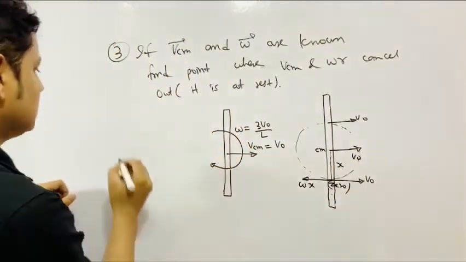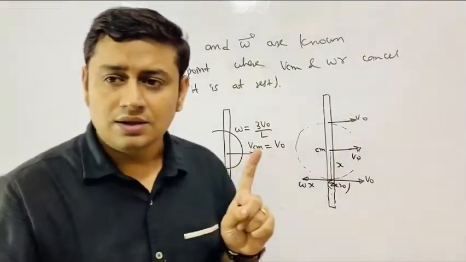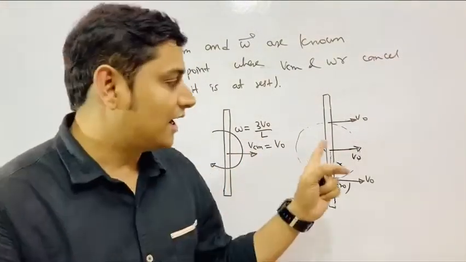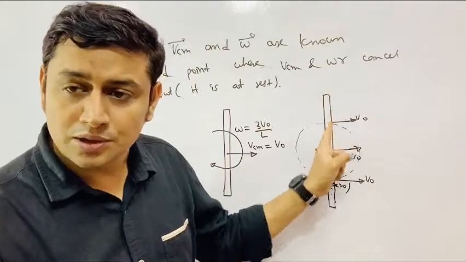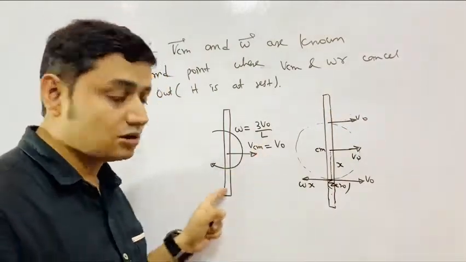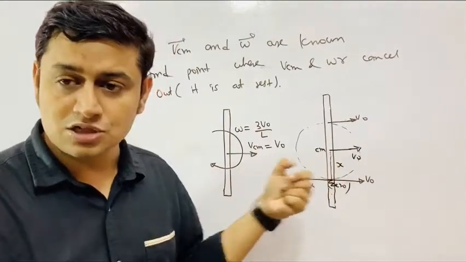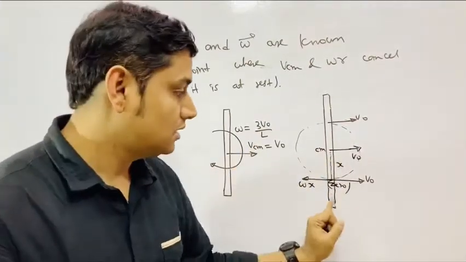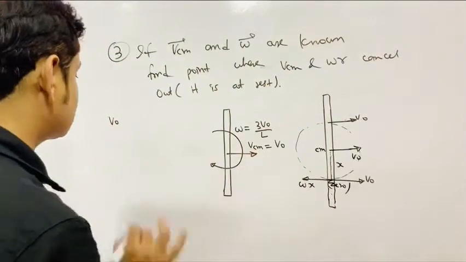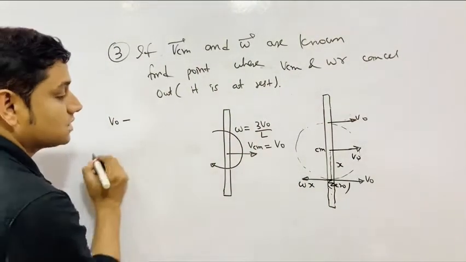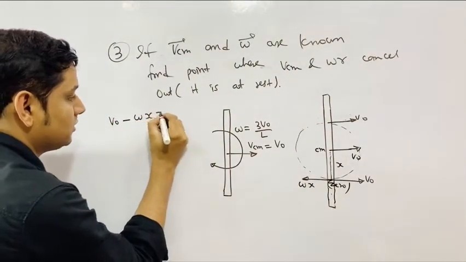That means V0, first of all, the point where velocity is 0 cannot be located above this. It will be located below this, because it is clockwise. So velocity V0 and omega r must be anti-parallel, opposite direction. It is below. Second, distance is x. So V0 minus omega into x should be 0.